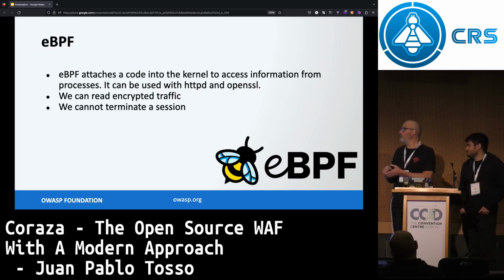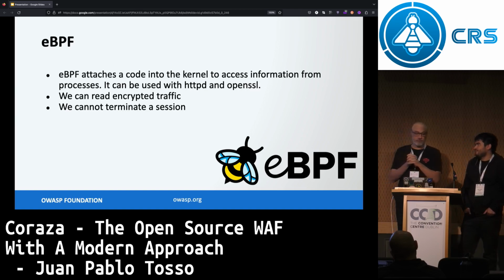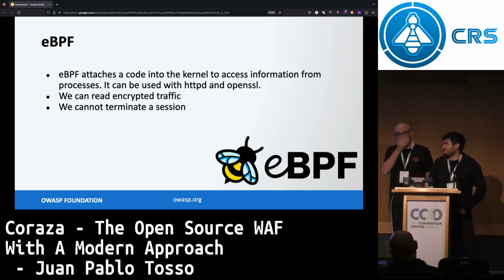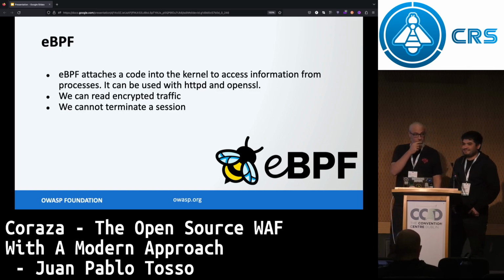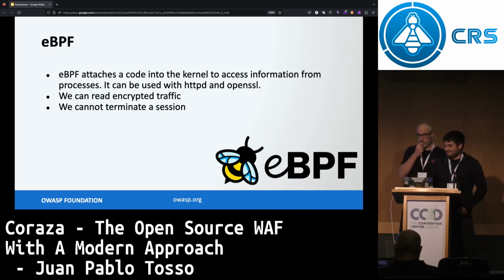So it is challenging, it is super interesting, and it's out there for us to use. There is a lot of research around how to terminate traffic using eBPF, but no one has reached any pattern that could be used to really block the attacker instead of just reporting the attack.